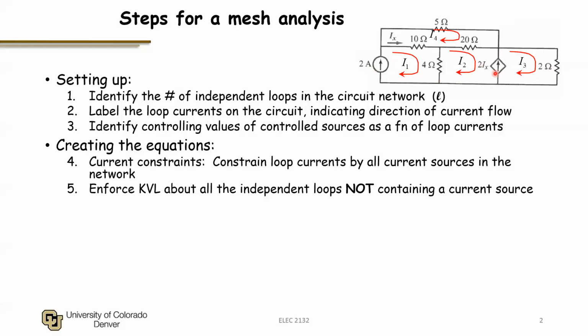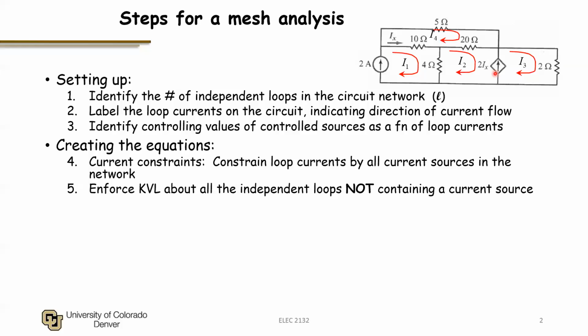Okay, once we do our current constraints, then the next thing we do is apply KVL around our independent loops. But we're going to apply KVL around independent loops that do not contain a current source. Why? Because KVL states that the sum of the voltages around that loop must sum to 0, but we cannot predict the voltage across a current source.